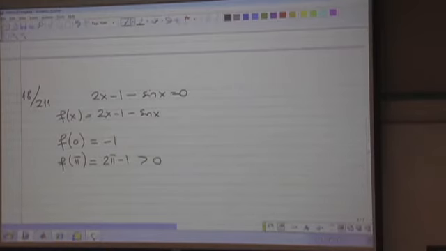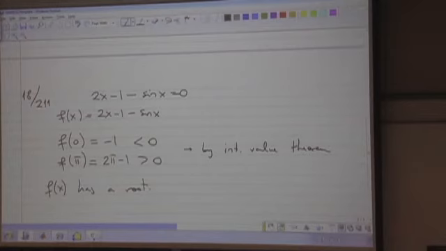This is bigger than 0, this is less than 0. So by intermediate value theorem, f of x has a root. Is this making sense?